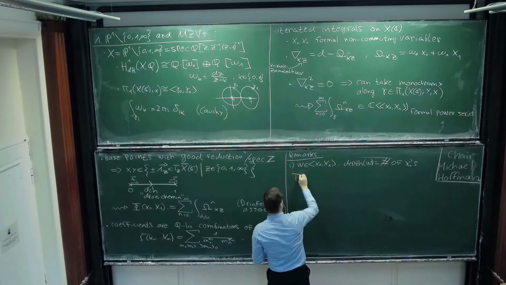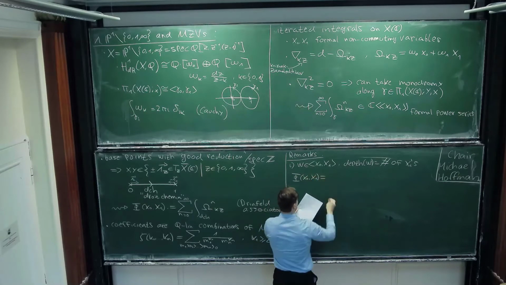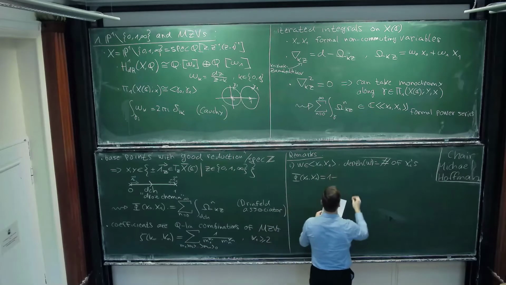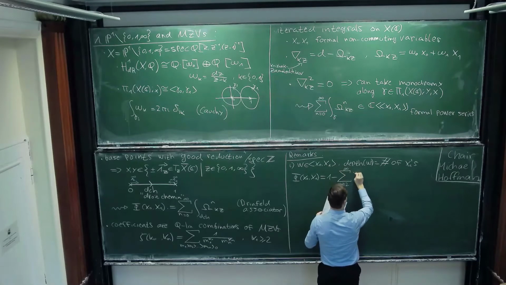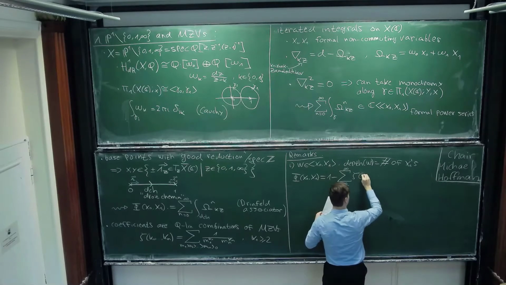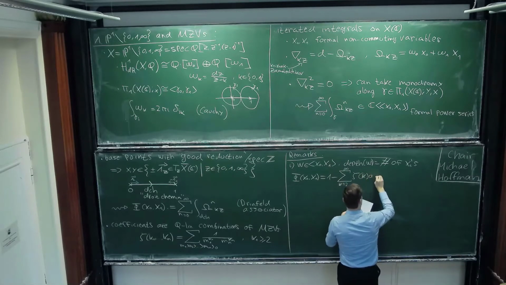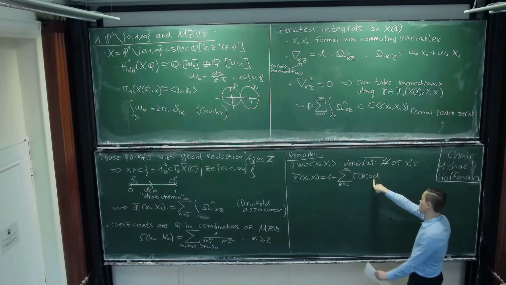And then one can show that the Drinfeld associator looks like this. You have 1 minus an infinite sum, k equals 2 to infinity, zeta of k. And then, okay, we're in the non-commutative power series, so we can consider the adjoint action.